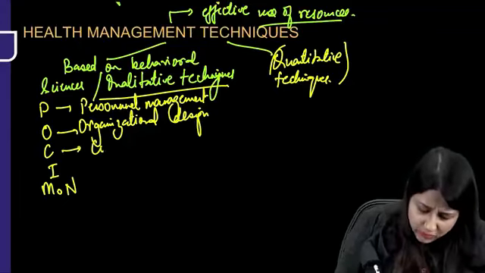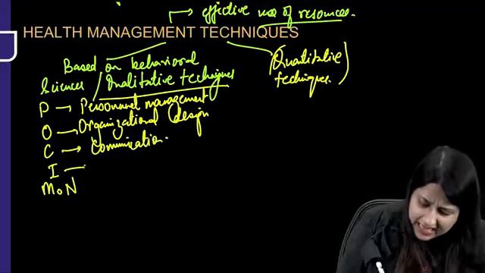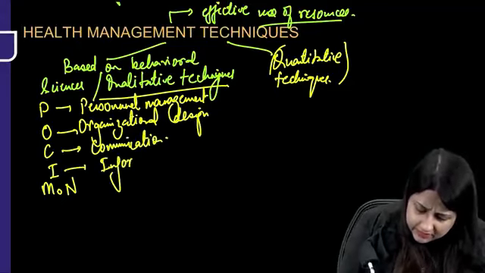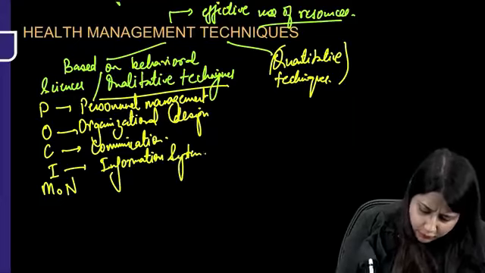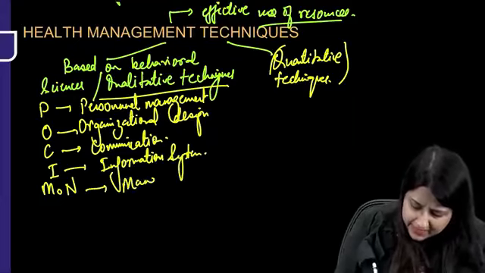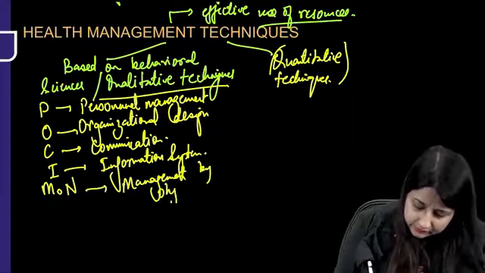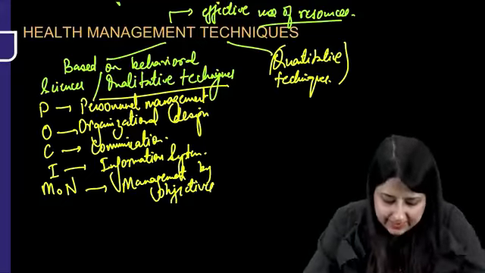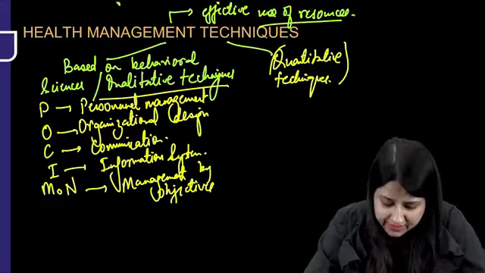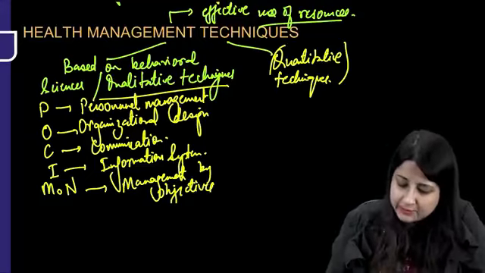Then C is communication. I say information system. And what is MON? Management by objectives. So based on behavioral sciences are Pokemon: personal management, organizational design, communication, information system, management by objectives.